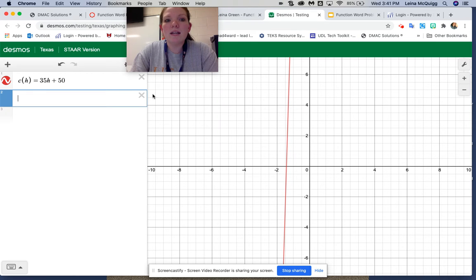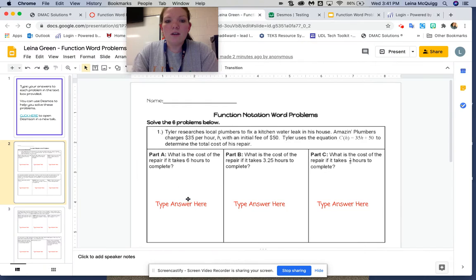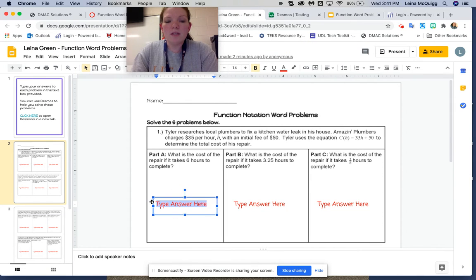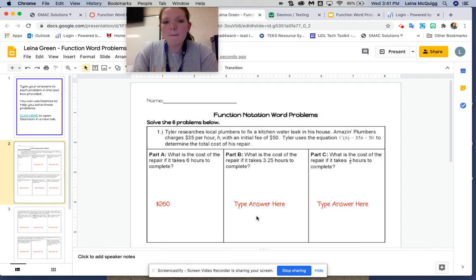So instead of writing an H, I'm going to do C of 6, because it's going to be 6 hours. For 6 hours, it's going to cost me $260. So over here on the answer, I'm going to put a dollar sign in there because we are dealing with money. $260. Done.